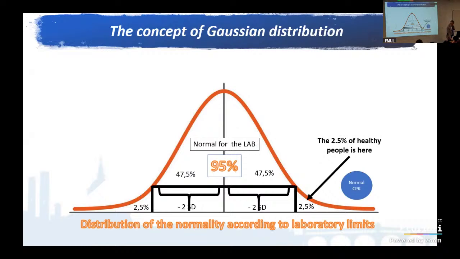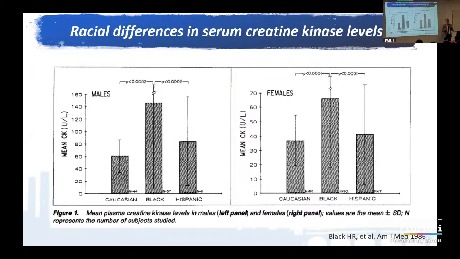We should consider also that we may have different influences in terms of ethnicity. For example, Black people usually present with a higher level of CPK, both males and females, with respect to Caucasian, but also to Hispanic people.